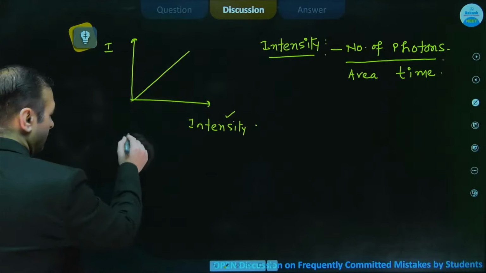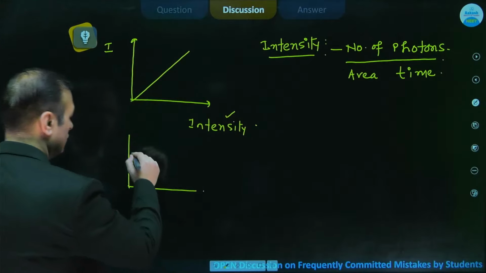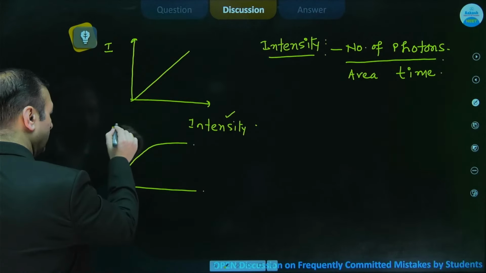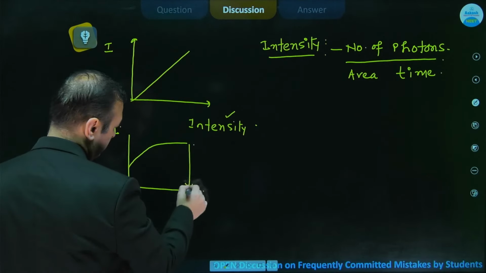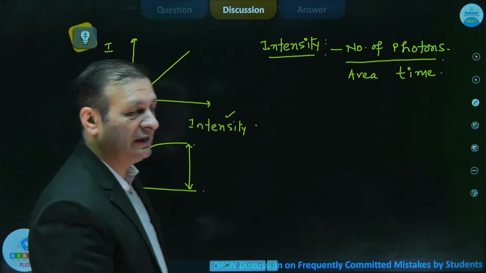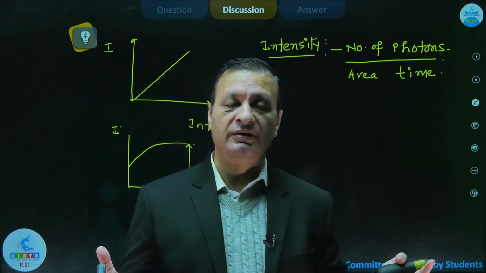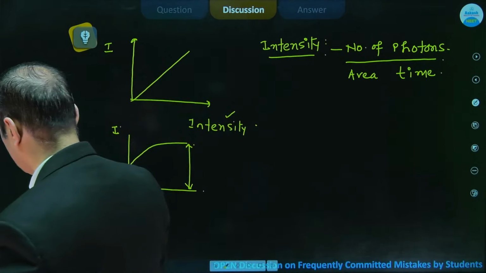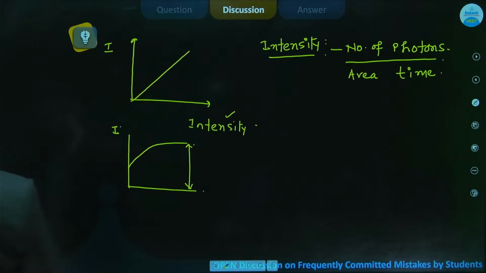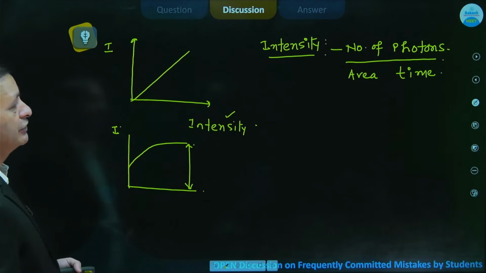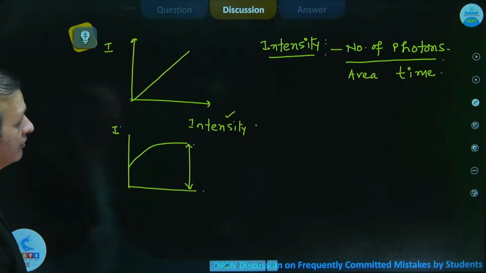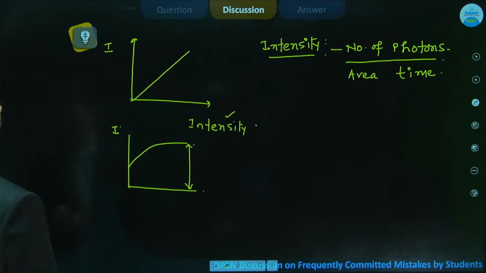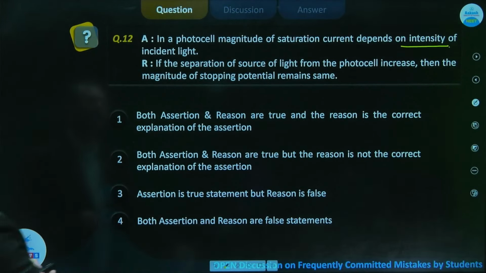But saturation current, this is called saturation current. Definitely if more photoelectrons are emitted, the saturation current would be higher. You got it or not? So higher intensity leads to more photoelectrons emitted per second, and that leads to a larger value of saturation current or photoelectric current. So the first option seems to be correct.